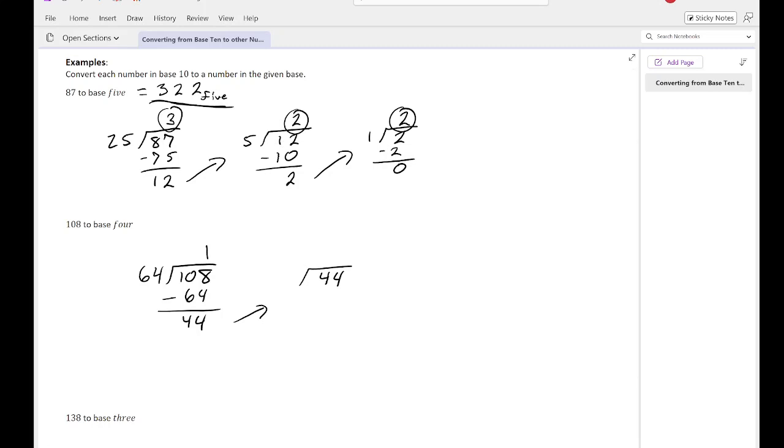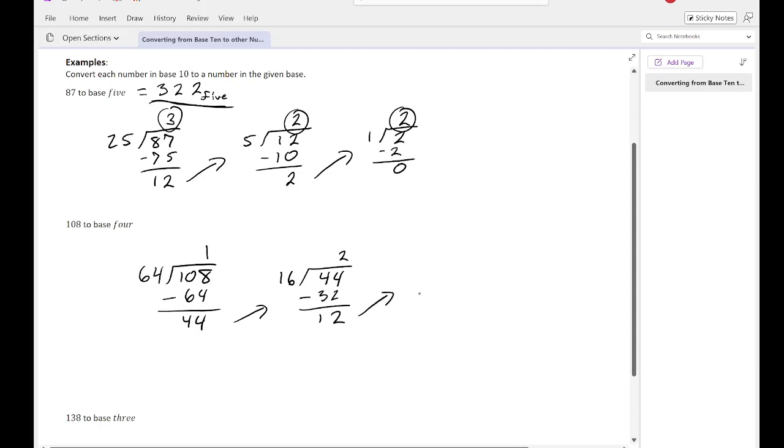In that case, it's 4 squared, so 16. 16 can go into 44 2 times, so that'll be 32, and that'll give me 12. Now I do it again. What power of 4 can go into 12 without exceeding it? 4 to the first. So 4 goes into 12 3 times, which will give me 12, and I end up with a 0.